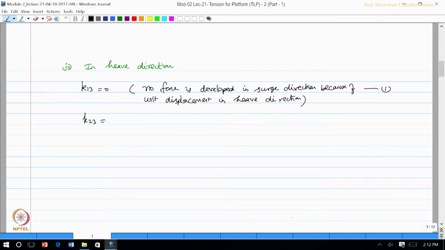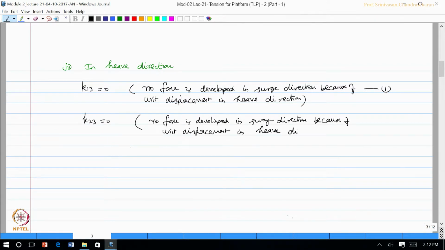Similarly, K23 is 0 for the same reason, no force is developed in the sway direction. Call this equation 2. Now, I want to find the force in the heave direction because of unit displacement given in the heave direction.